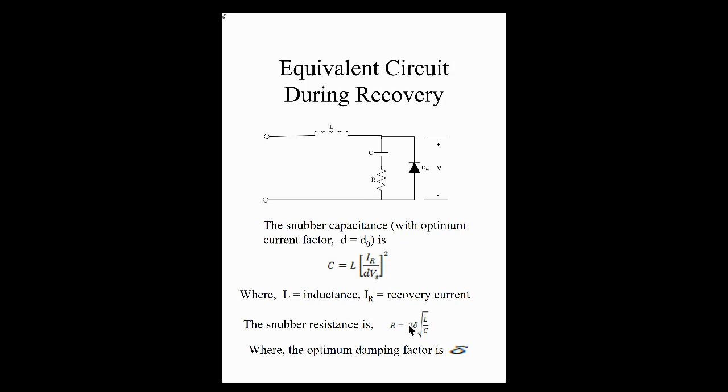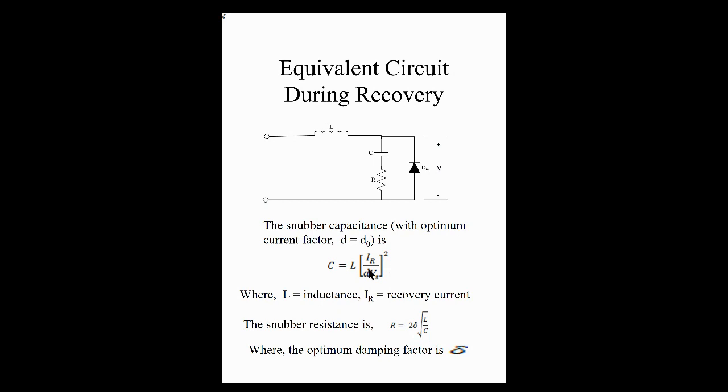Here we have 2 times what is called the optimum damping factor, given by this little symbol here, sigma, multiplied by the square root of the inductance divided by the capacitance.